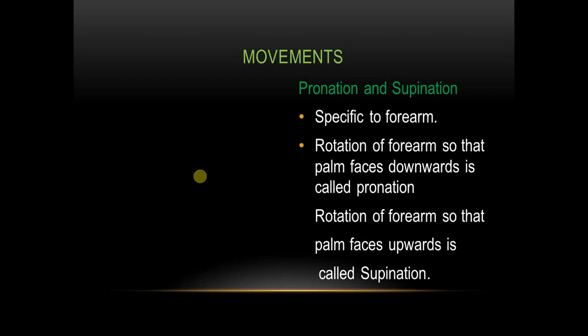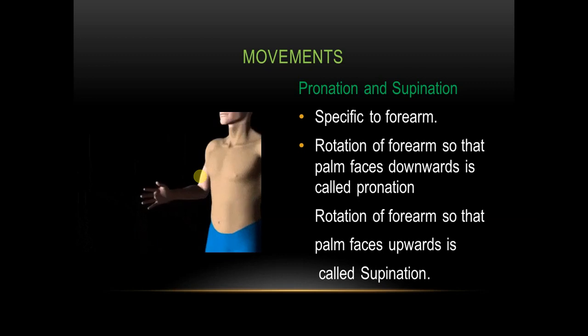Next movements, pronation and supination, very specific to your forearm. In pronation, your forearm rotates in such a way that the palm faces downwards. Here you are able to see your forearm is in a semi-flexed position, not completely flexed, half flexed.